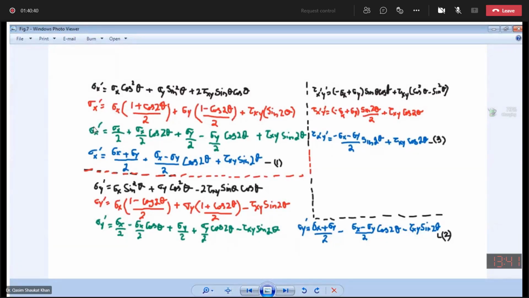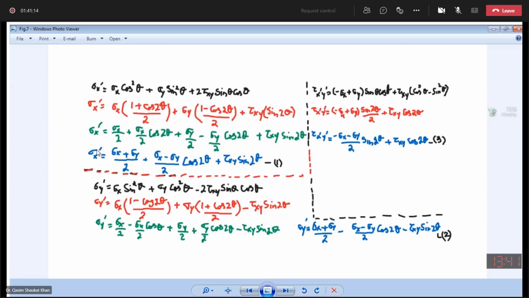So sigma x dash is equal to sigma x over 2 plus sigma x cos 2 theta over 2, plus sigma y into 1 over 2 minus sigma y cos 2 theta over 2, plus tau xy sin 2 theta.